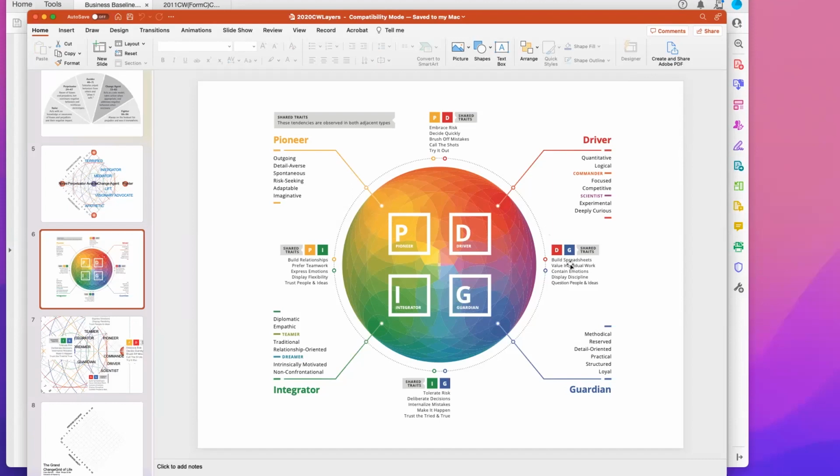So no, pioneer, and then guardian would be down here. Nope, this is absolutely correct. So if we rotate the model 90 degrees clockwise, that would end up putting pioneer where driver is, driver where pioneer is. And so that's in kind of a different little section.